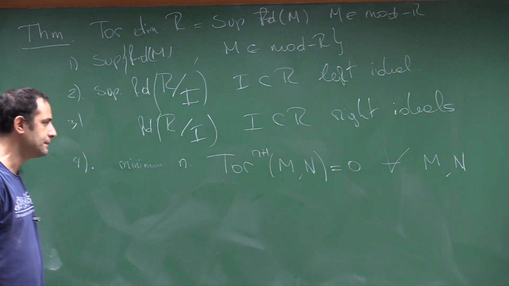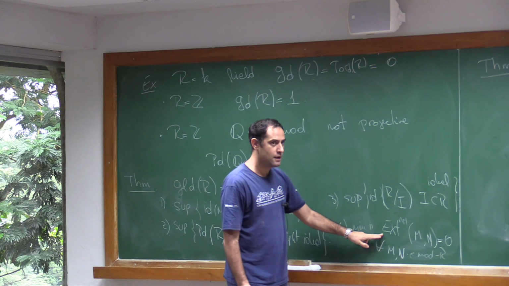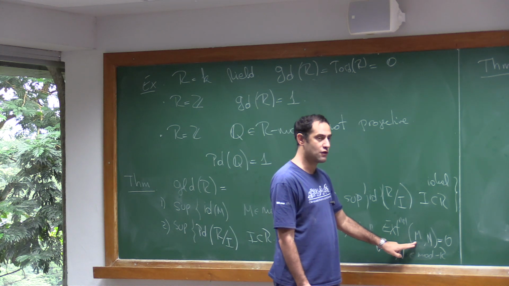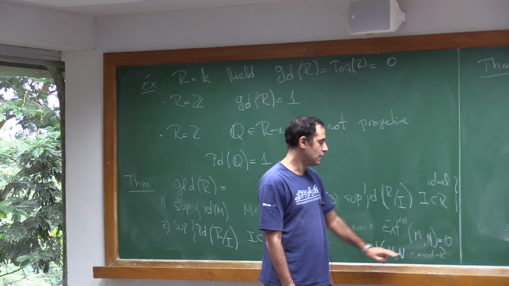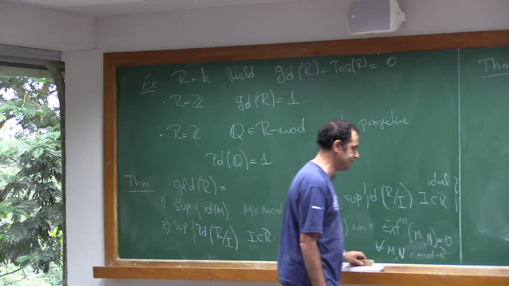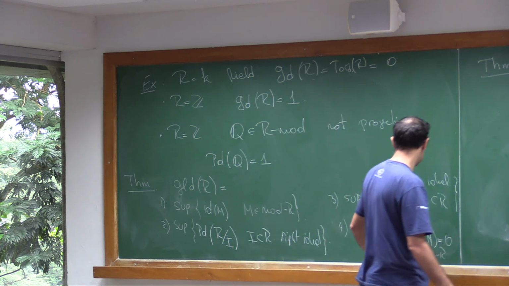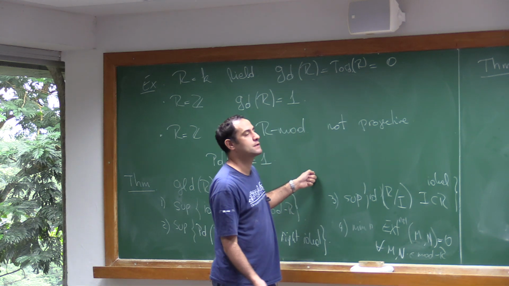For Ext, I need to take either a projective resolution of m or an injective resolution of n. So this is really not symmetric in left and right R modules.